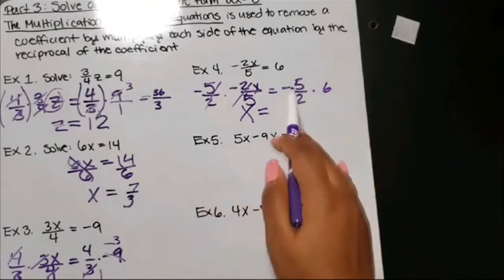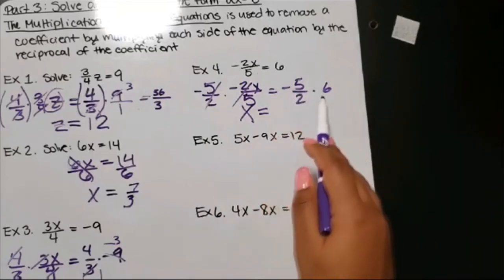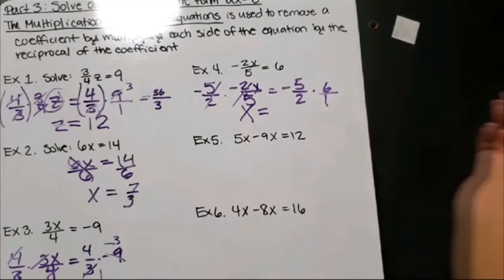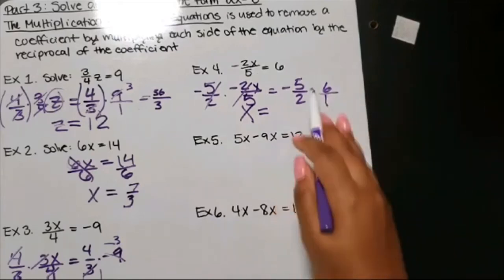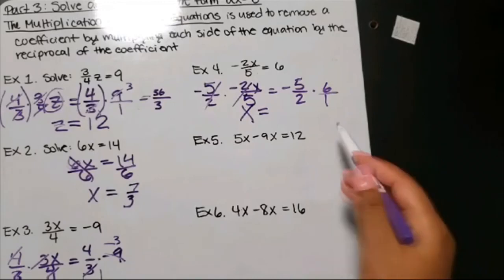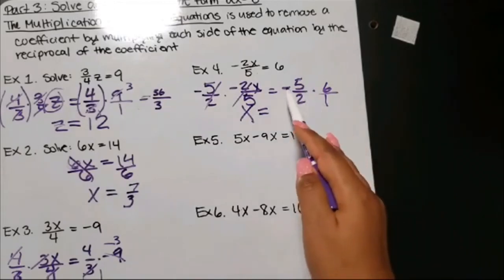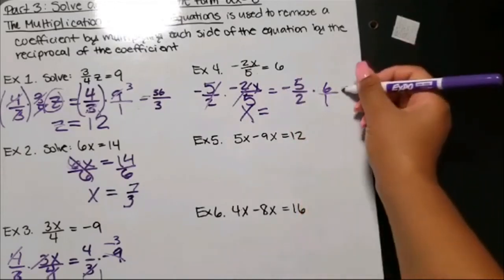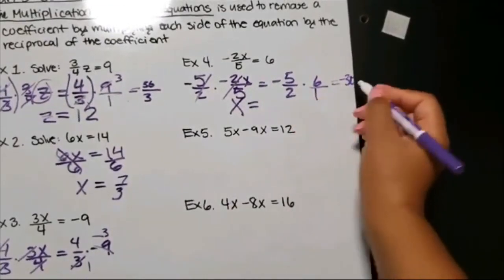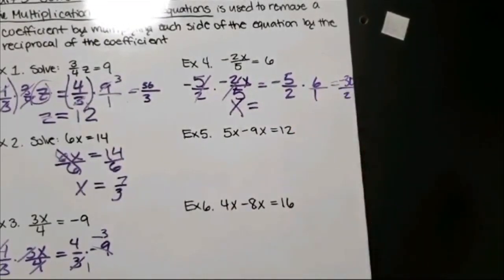On this side, we have -5 over 2 times 6. And of course, 6 is the same thing as 6 over 1. You can multiply straight across, or you can cancel some things out. So if we multiply straight across, we'll have -5 times 6, which is -30. 2 times 1, which is 2.